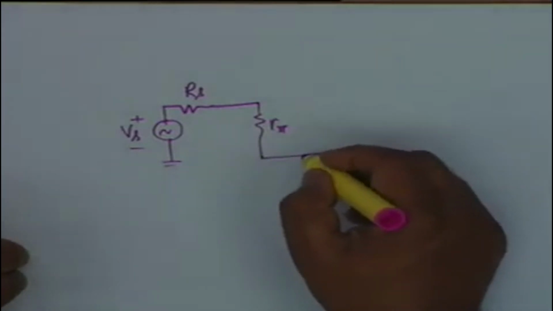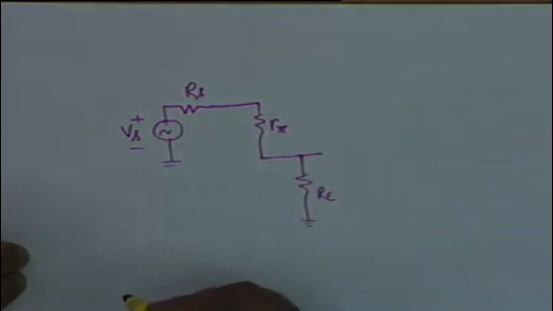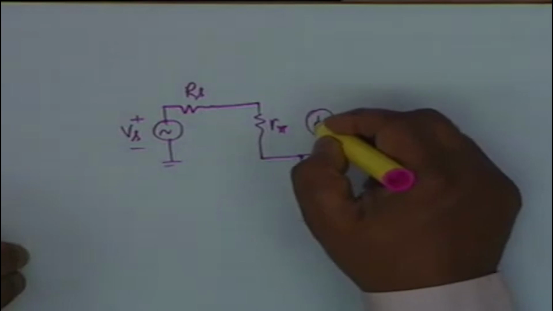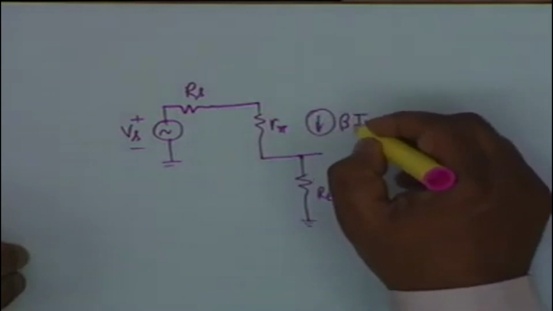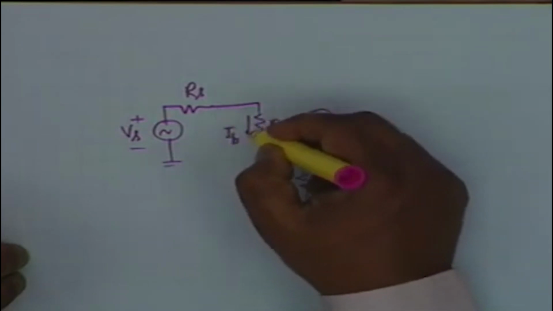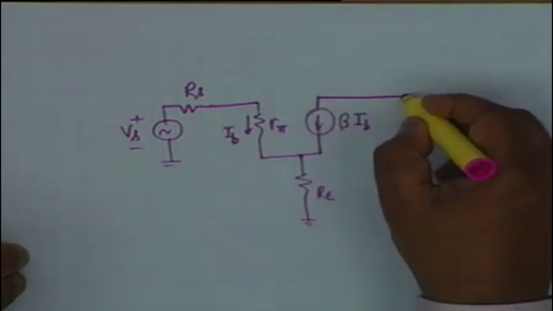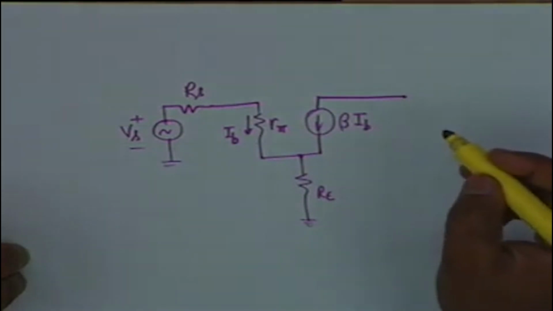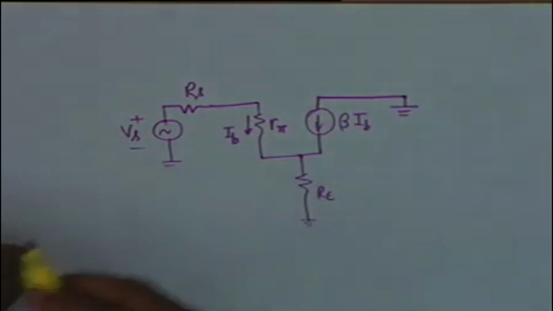R pi goes to R sub E, and that goes to ground. Alright. Then you have a current generator beta IB. If this current is beta IB, where does this go? There is no RC. It goes to ground. The collector is connected to the positive of the power supply, and the power supply for AC is ground.